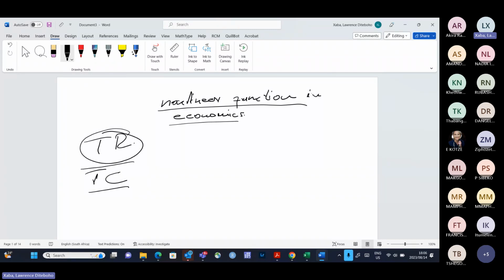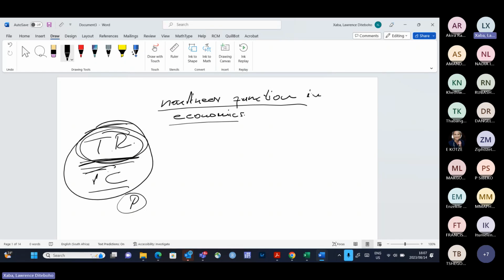So our main objective today is that when you leave this lecture, you are able to compute and graph total revenue, and also calculate total cost. The difference between these two gives us profit. So after calculating these two, it is going to be easy for us to compute profit. Starting with the first one, our total revenue.